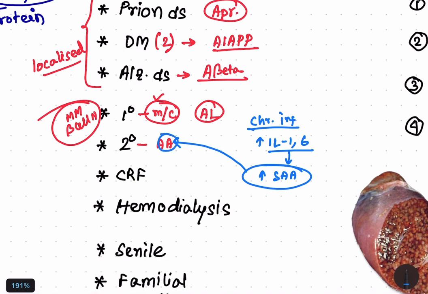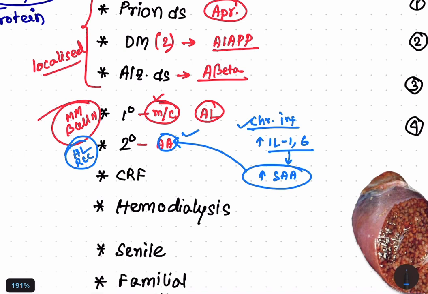So in secondary amyloidosis, in chronic infections like TB, bronchiectasis, sarcoidosis, in case of rheumatoid arthritis or IBD, that is inflammatory bowel diseases, or even in Hodgkin's lymphoma, renal cell carcinoma, all the chronic malignancies, here you will find this variety of amyloidosis.